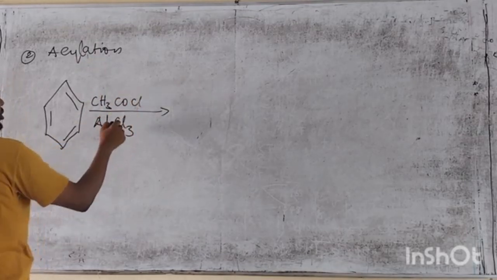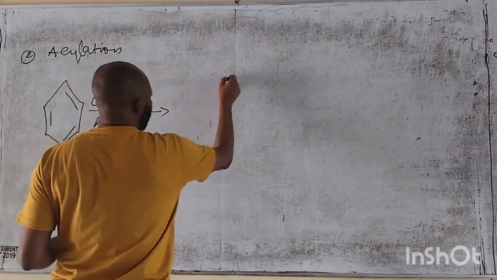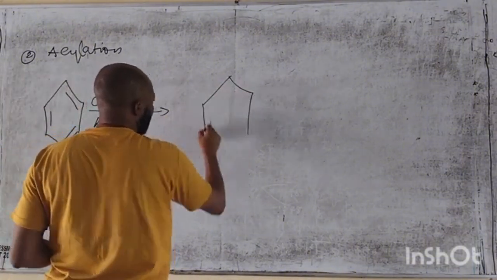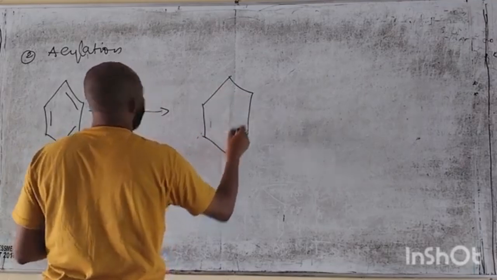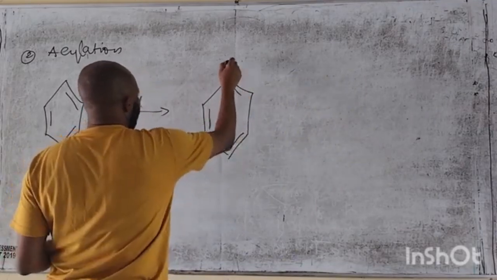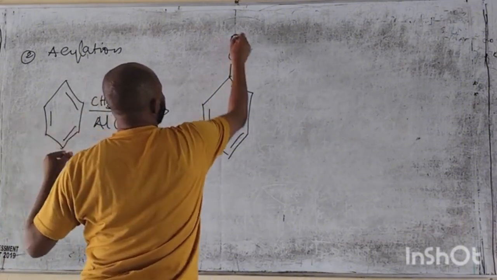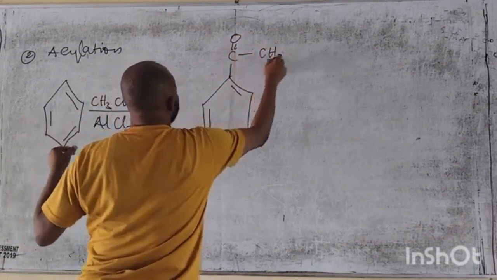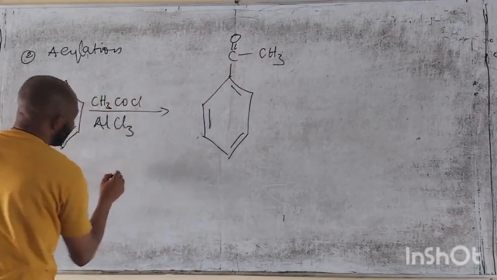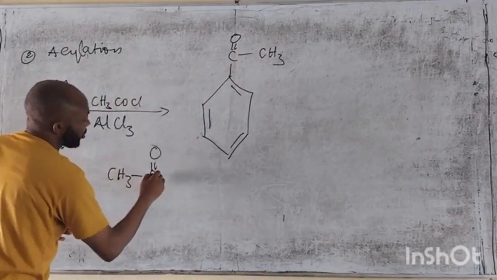We'll take out this to become tetrachloride and this becomes positively charged. Remember that. So this goes this way. I have my base. The acylation that comes in, I have my C double bond O and my CH3. This is the electrophile, CH3, C double bond O.